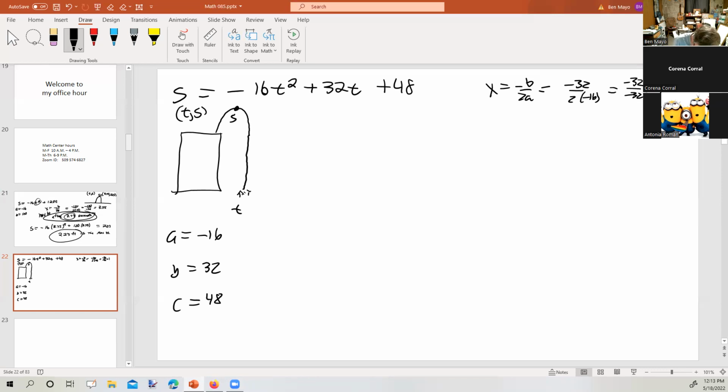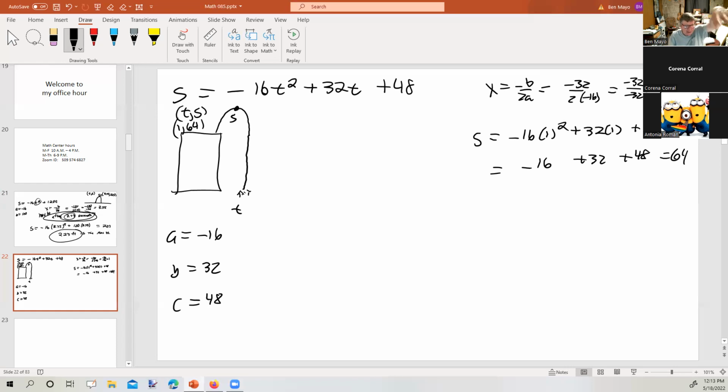So the time is 1 second, but they didn't ask for the time for it to reach the maximum height. But let's put 1 second in. And we get what? Negative 16 plus 32 plus 48, which is going to be 64. So the vertex is at 1, 64.